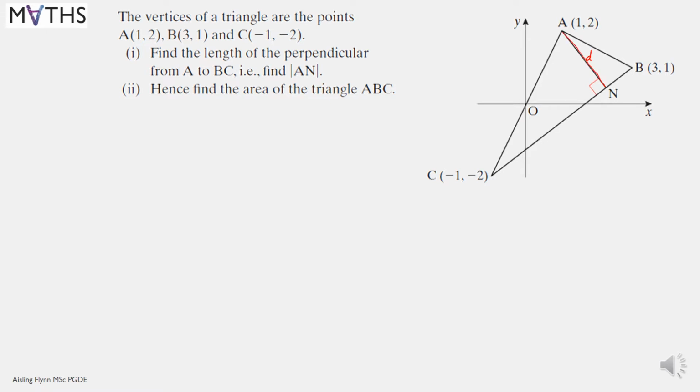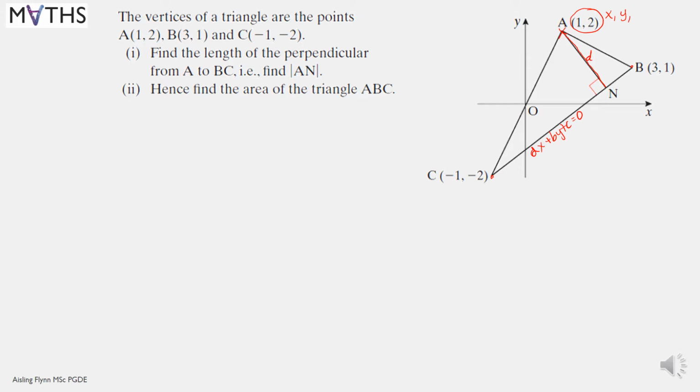So from the point, so A is our point, so this is 1, 2, that's my x1, y1, to the line BC. Okay, so that's my line, and you'll notice, so the line usually takes the form of ax plus by plus c equals 0, and you'll notice that we are not given the equation of that line. So that will be our first task.